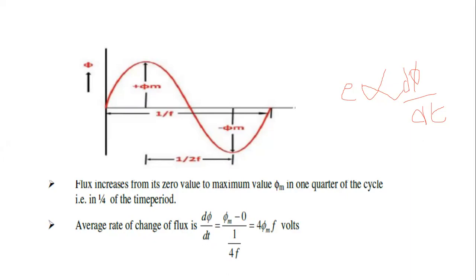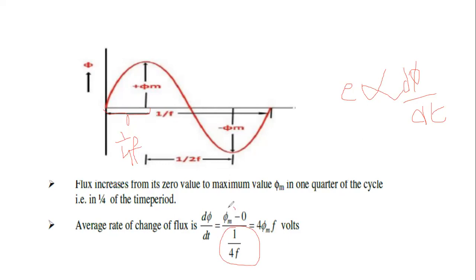The time taken from 0 to phi m is 1/4f, so dt is equal to 1/4f.